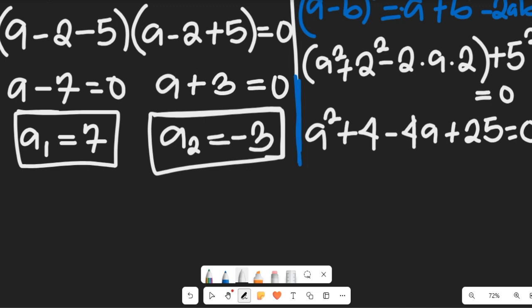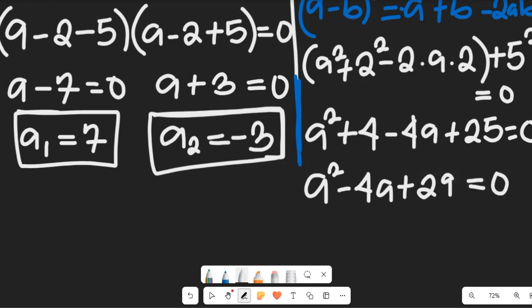So if I simplify this, I'm going to have this expression give me a squared minus 4a plus 4 plus 25, which gives me plus 29, and this will be equal to 0.